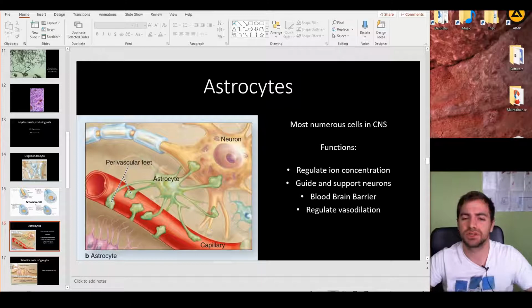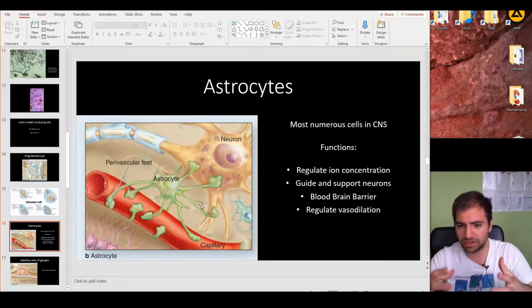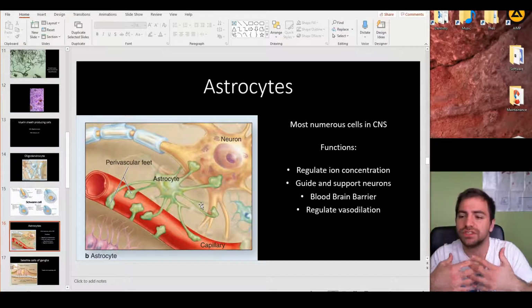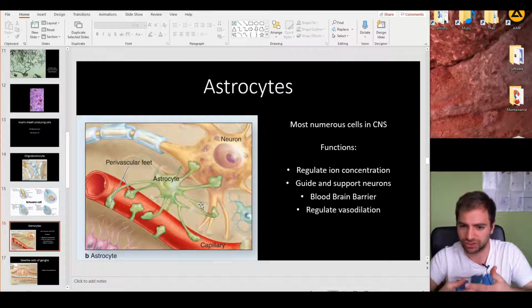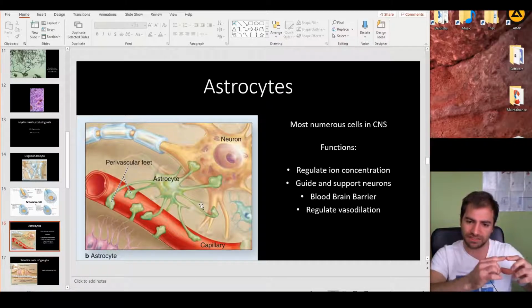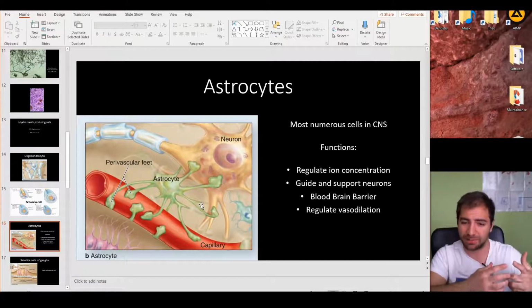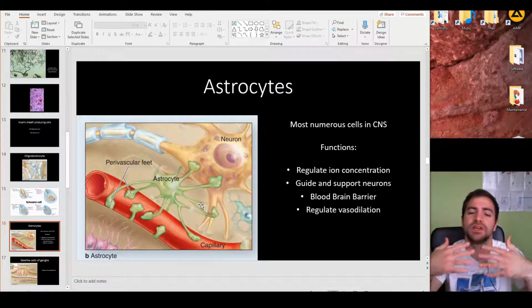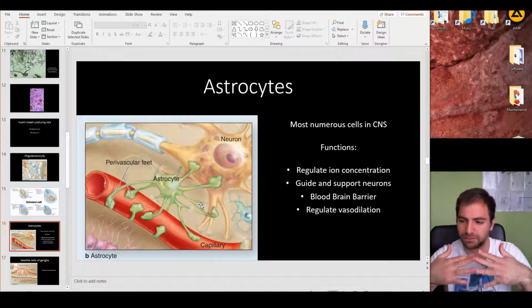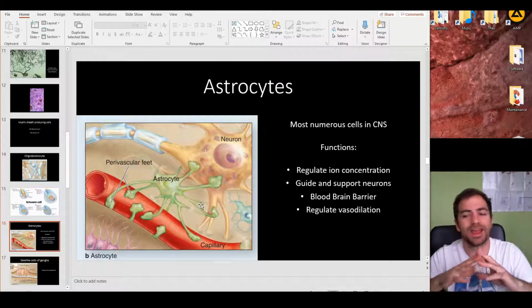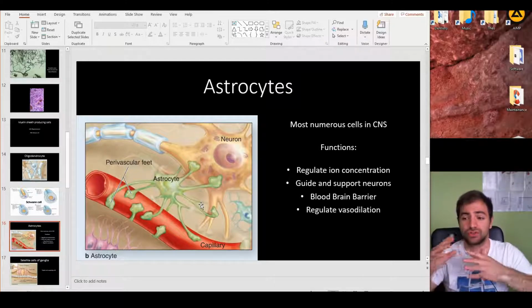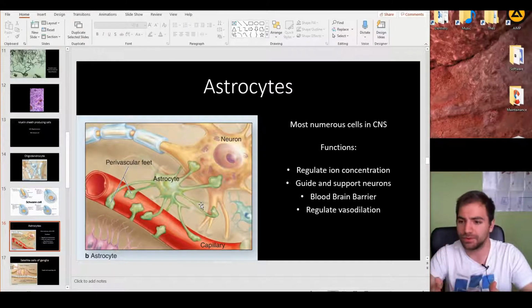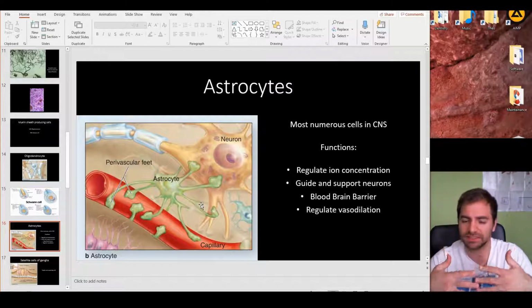Well, the whole rationale is the strategic placement of the astrocyte. The astrocyte is the connecting cell between the vascular supply, the capillaries, and the nervous system, which places them in a position where they can regulate everything that goes from the blood to the interstitial tissue and the neurons themselves.